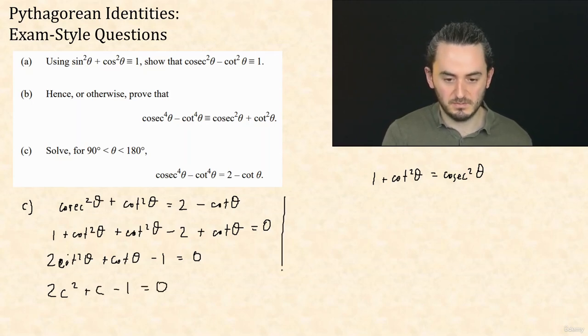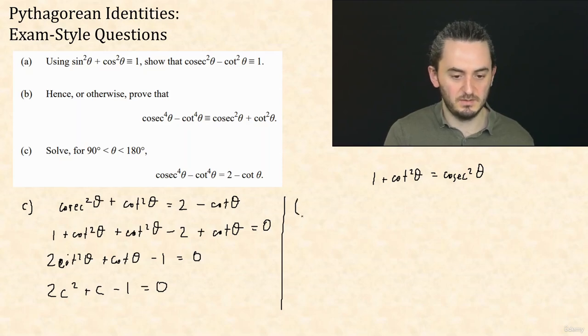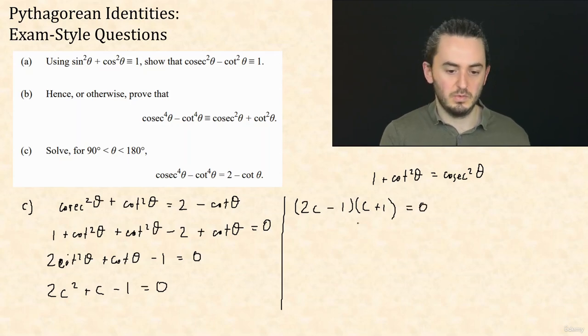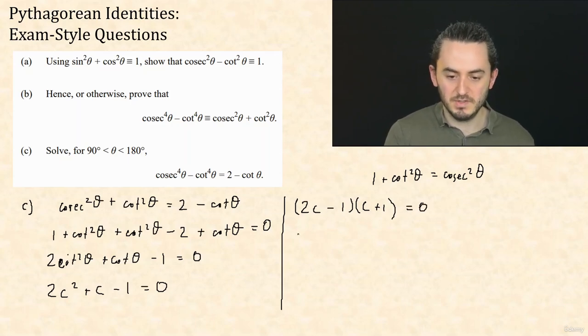Solve this quadratic however you like: quadratic formula, calculator, factorising. I'm going to factorise it. So that's 2c minus 1 and c plus 1 equals 0. So that means that c is a half or c is minus 1.